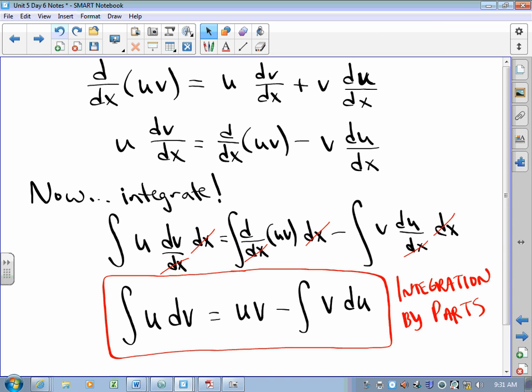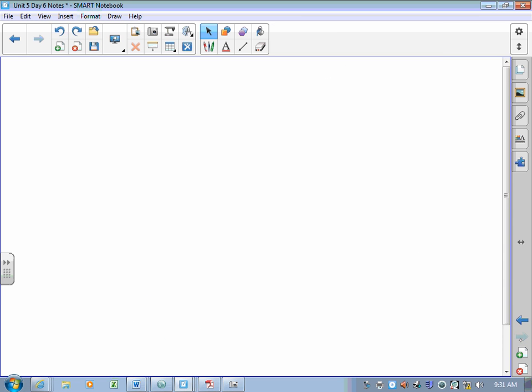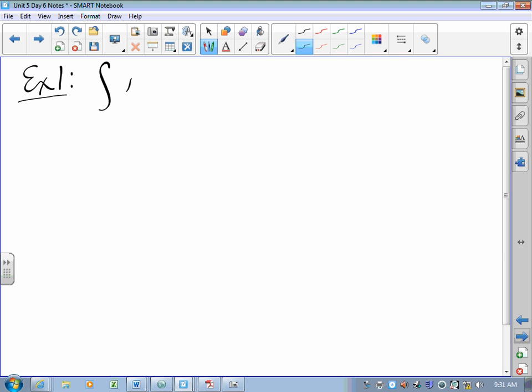Now, like I said, we are working product rule here. So integration by parts works out really great when you're trying to figure out the integral of a product. And furthermore, it's very good when you're trying to figure out the integral of a product of unrelated things. This is the integral of x times sine x. They are not related.